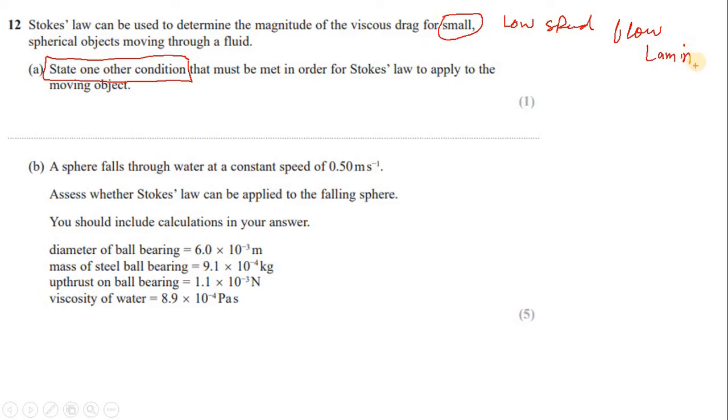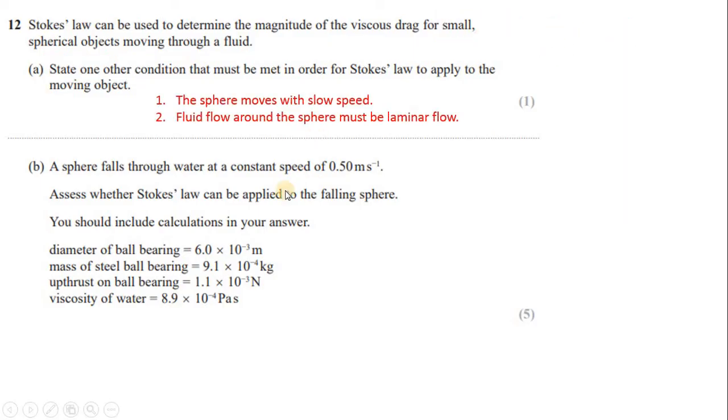It should not be turbulent, because if we have a turbulent flow, we cannot apply Stokes law. So the object should be moving with low speed, or the flow should be laminar, and the sphere should be small, so we can apply Stokes law. So that's how you can write. I wrote two points, but you need to write just one, any one of these.